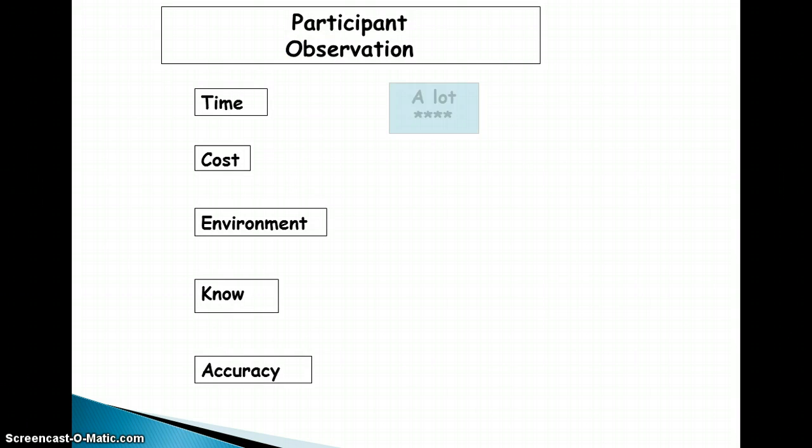So time, just like natural observation, you definitely have to spend a lot of time observing your group of people. For your particular individual assignment, I asked you to observe your class 5 times. And that's still not going to get you a completely accurate picture of what happens in that class every day. Cost, again, you're just observing.